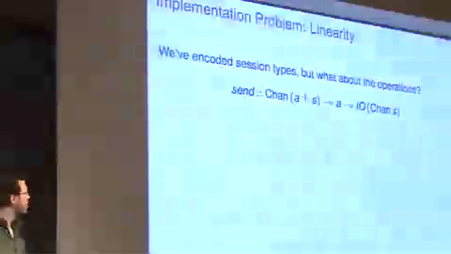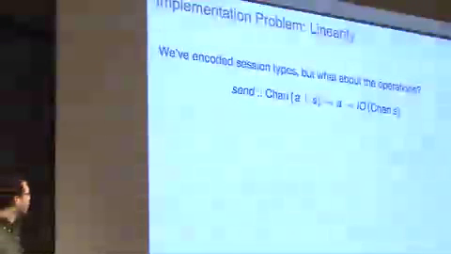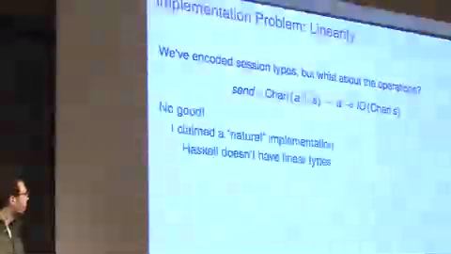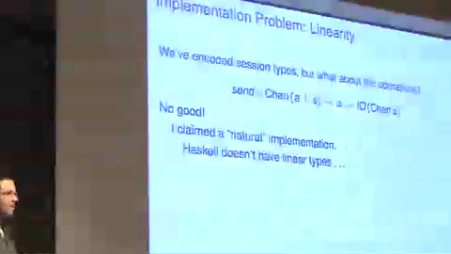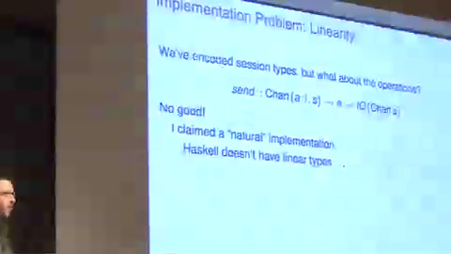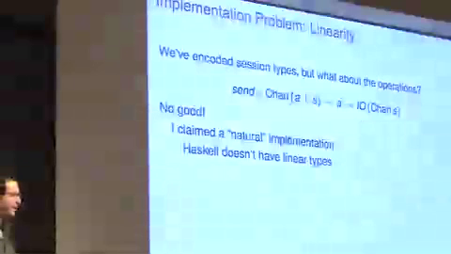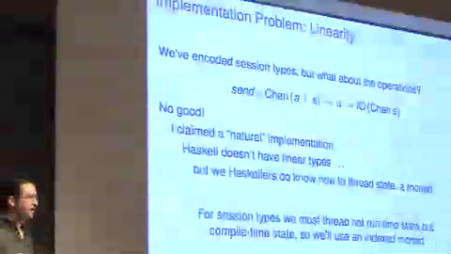The last question is, what are the types we're going to actually give to our operations, such as send? We'd like it to have maybe a type like this, but unfortunately in Haskell we don't have those lollipop things directly. We don't have linear types, but we do have a technique for when we need to thread things linearly through our program: monads.